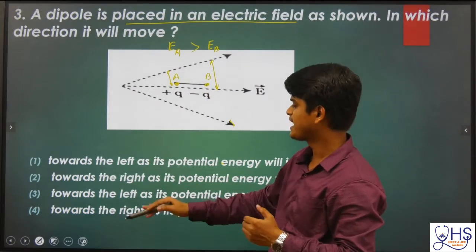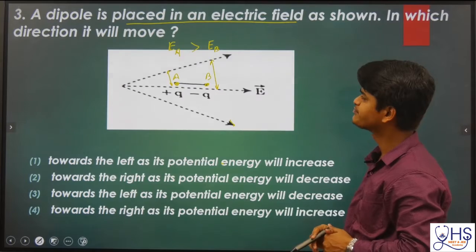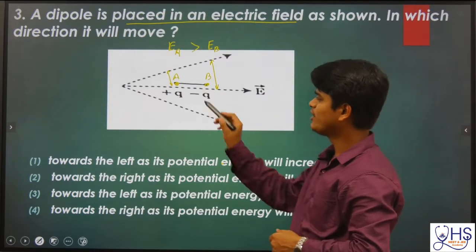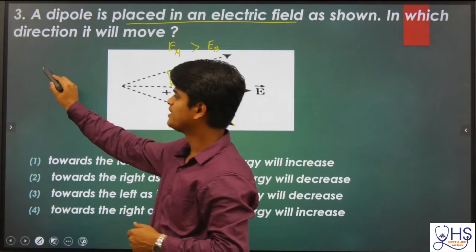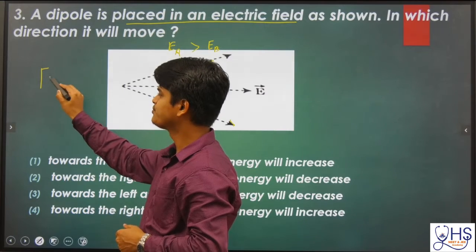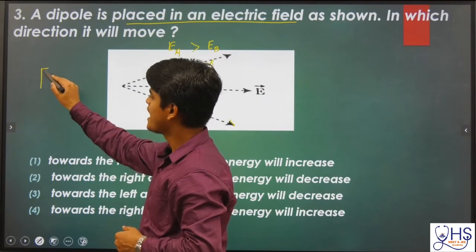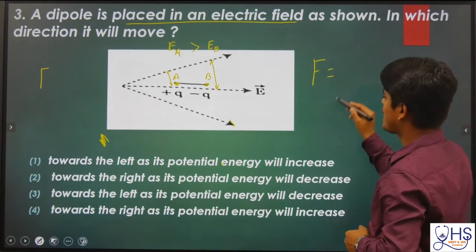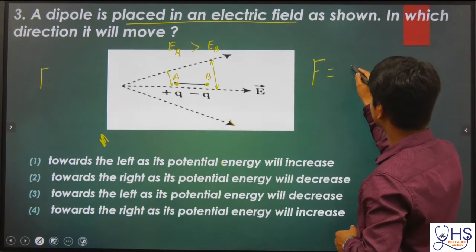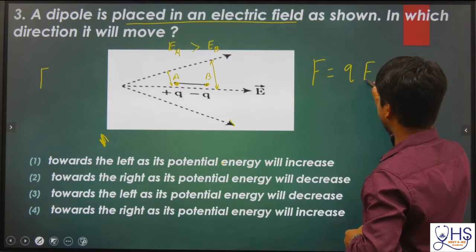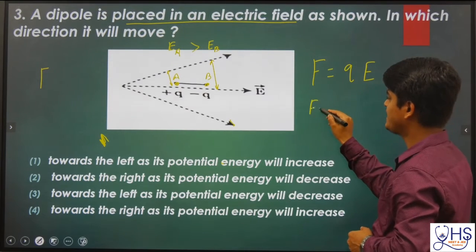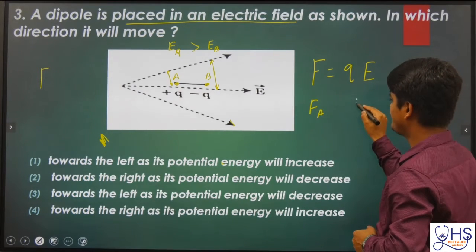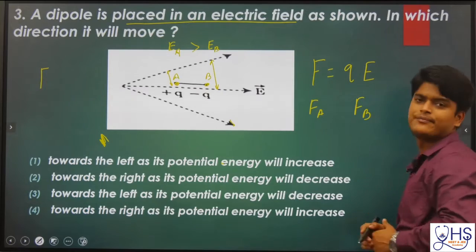So towards left, right, like that they are telling. Now listen here, if you want to find the force on a charged particle, that will definitely be Coulomb's force. So it is nothing but F equal to how much? Q into E. So on A, the force is Fa, and on B, the force is Fb.